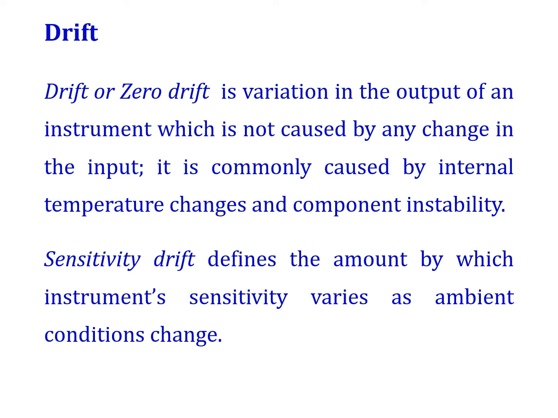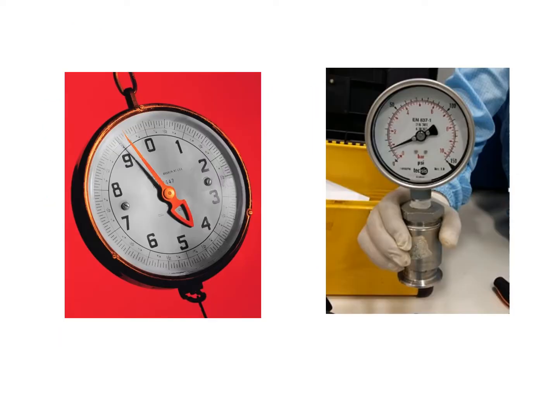That is, it is a type of error. Sensitivity drift is the amount by which an instrument's sensitivity varies as ambient conditions change, that is, temperature and pressure change. If you look at this dial gauge, there is an error. Instead of showing 0, it shows 9.2. In another case, it shows around 4. So after taking the reading, we have to subtract or add these deviations. That is called drift.